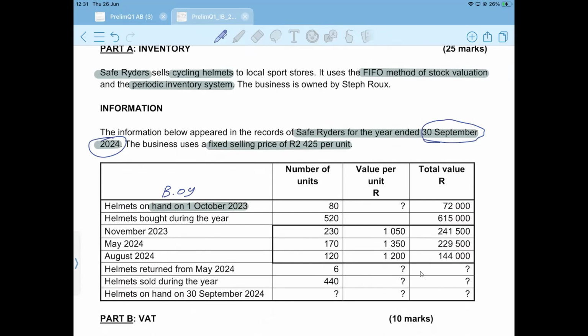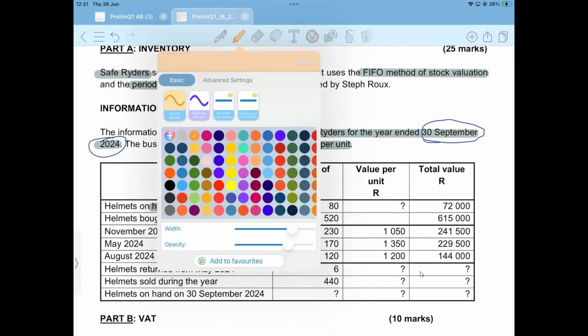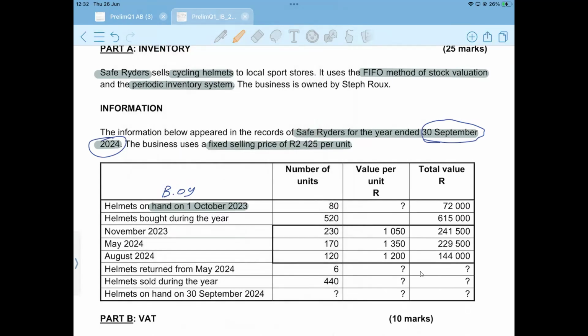And then they made a couple of purchases in November, May, and August. However, they returned helmets from May. They didn't tell us when they were returned. But because they're from May, we're going to use the May cost price to find their cost price.